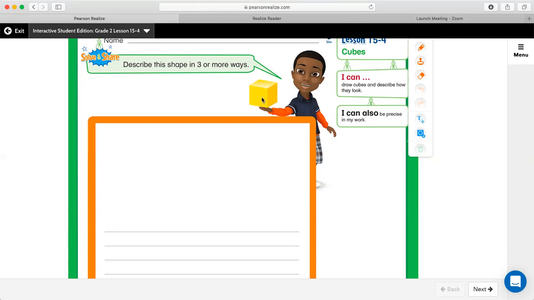Right here in front of you on your paper, or on this video too, we have a yellow cube. It says, describe this shape in three or more ways. We have an example of Kyle's work and an example of Janelle's work.